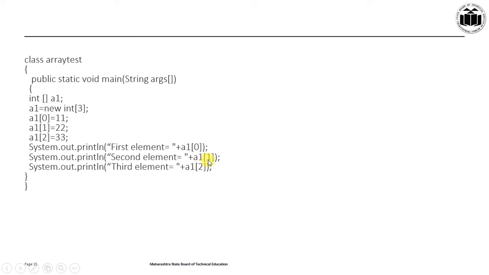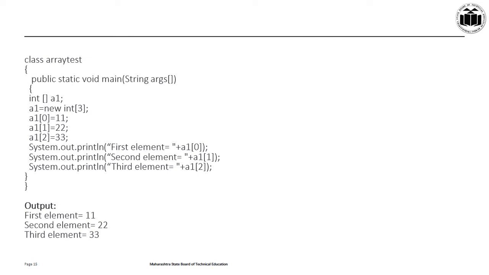So this a1[1] means what? First index, that is your second element of an array. Like that you can access the array variables. After executing, this will be the expected output: first element is equal to 11, second element is equal to 22, and third element is equal to 33. So in this way you can implement the one-dimensional array in Java.